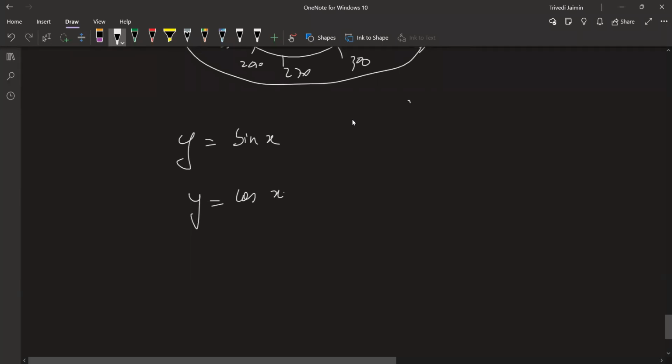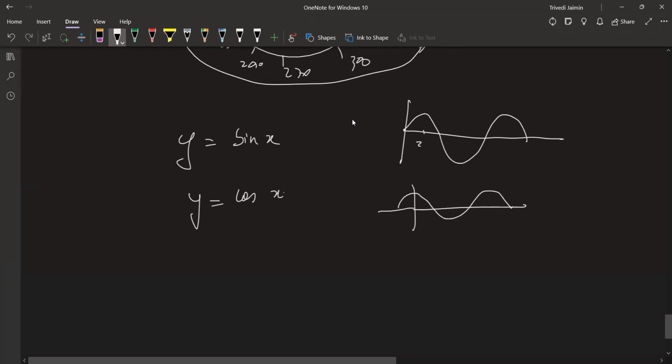Okay, if I say y equals sine x, from where will it start? 0 or before 0? These are sinusoidal functions. Yeah. So it will be a sinusoidal function. And for cos, it will start before.